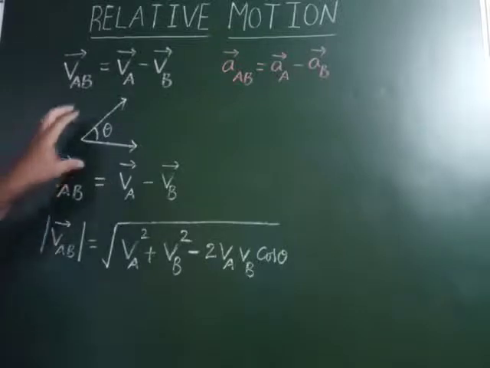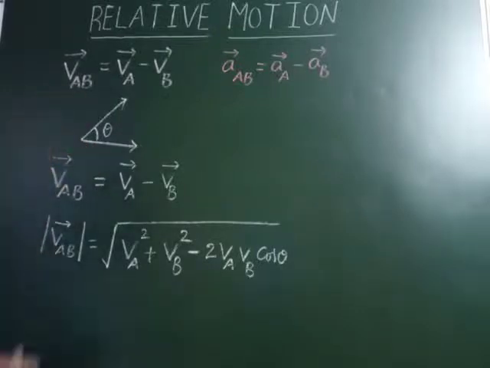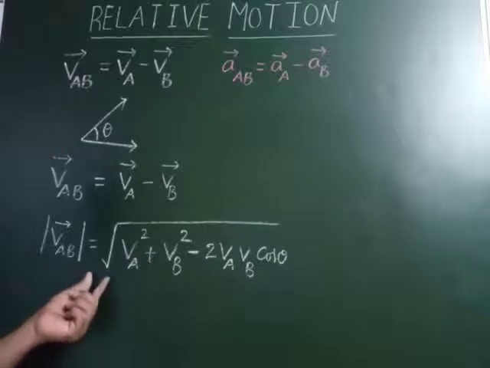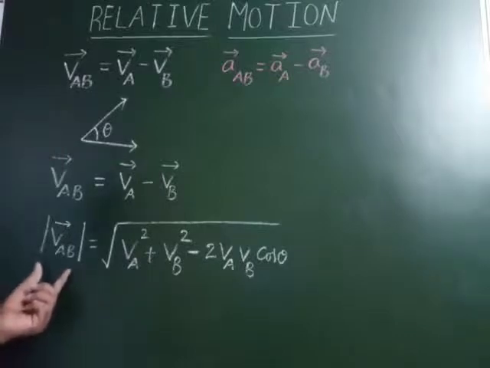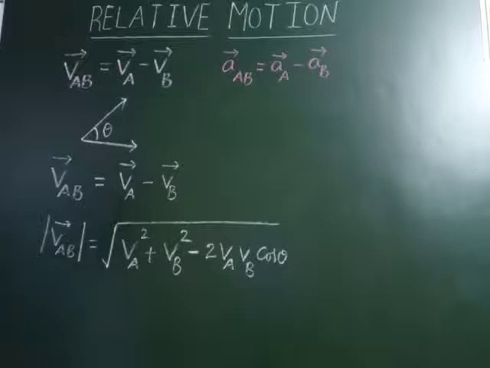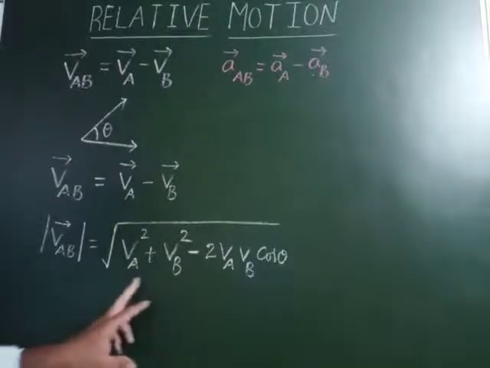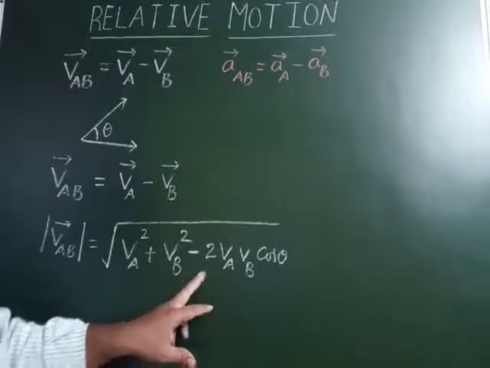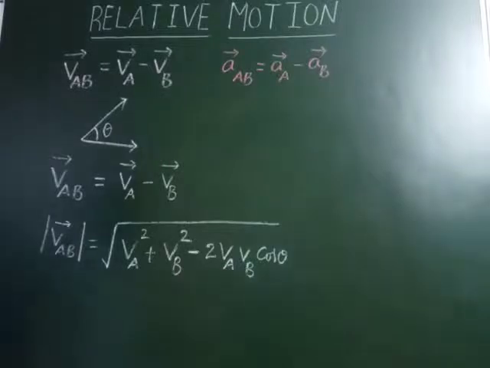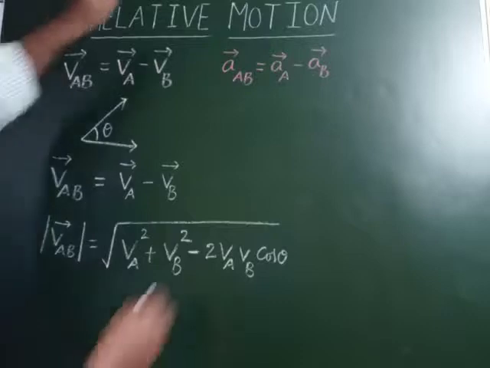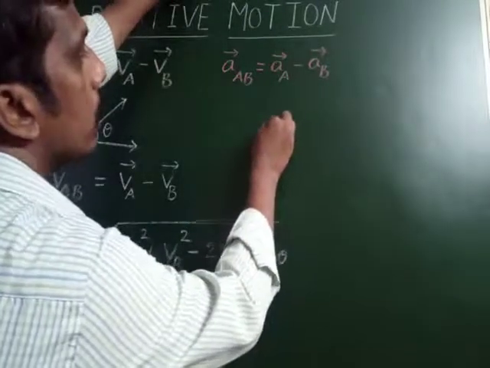If two vectors are making an angle theta, then the resultant velocity of A with respect to B, or velocity of B with respect to A, is equal to under root of VA square plus VB square minus 2 VA VB cos theta. But how to get the direction? To get the direction of the resultant VAB, we use this formula.